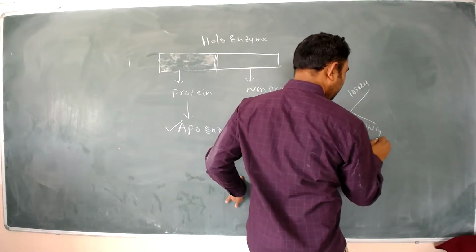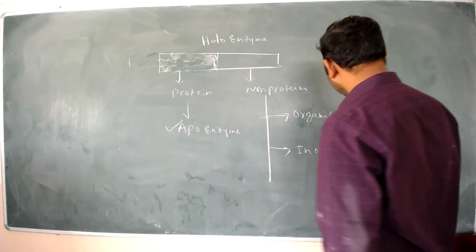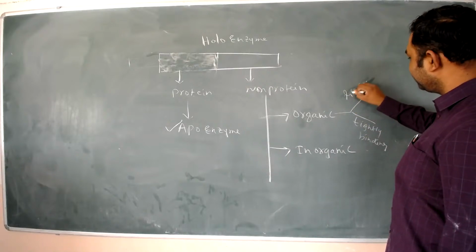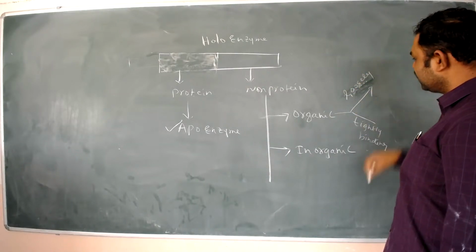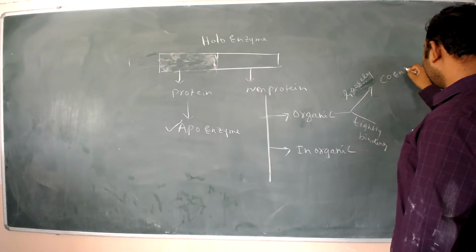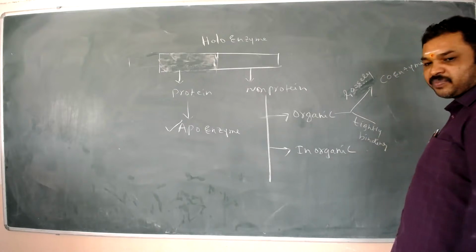Suppose it is loosely binding: a loose association can be called a coenzyme.